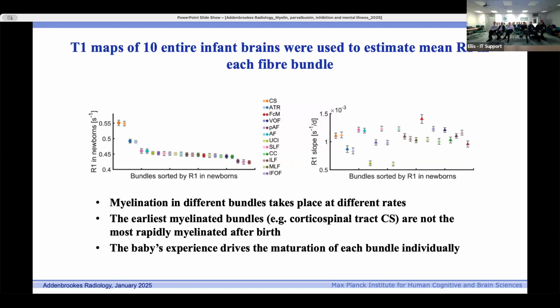Is there an arrow that I can use somehow? Yeah, there is. Each of these points represents a different fascicle, like the optic tract. And the CS is the corticospinal tract. And you can then look at the rate at which they myelinate, and they all myelinate at different rates.